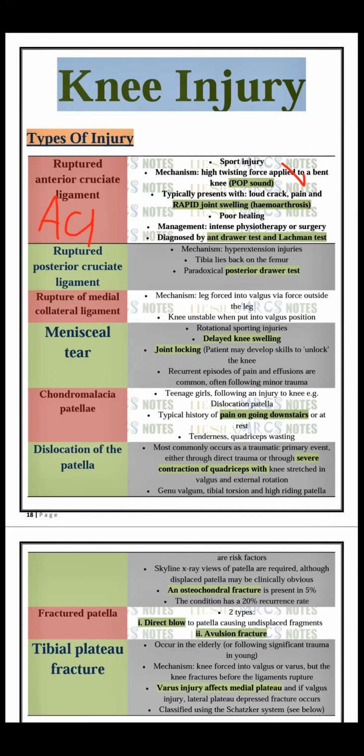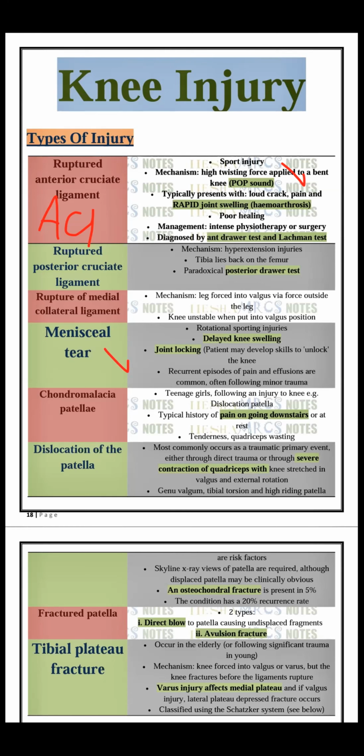Delayed swelling means the patient had trauma 1 day, 2 days, or 1 week before, and now presents with knee swelling and locking or is unable to move the knee in any direction. So this is a meniscus injury. The pop sound means ACL injury with rapid joint swelling, hemarthrosis. But a locked joint and delayed swelling is a meniscus injury.